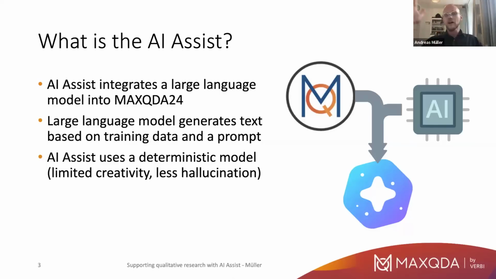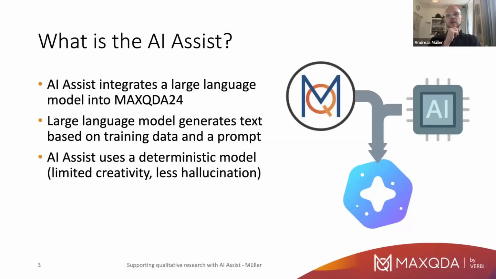And then it tries to come up with a poem about chocolate based on my prompt, and it will do something like chocolate, chocolate, oh, sweetness of my life, or whatever. That's what you can play around with large language models. They are used to generate text based on training data and the prompt.